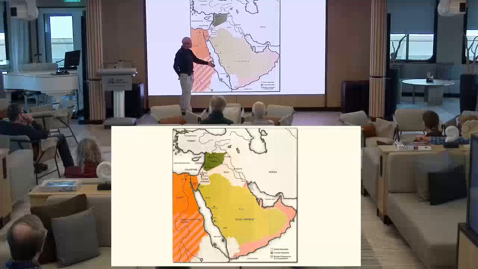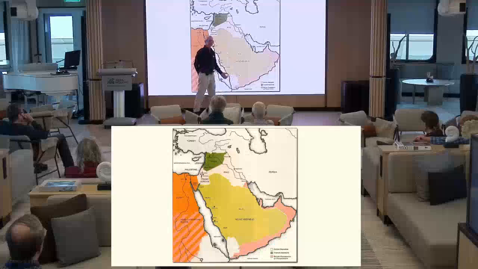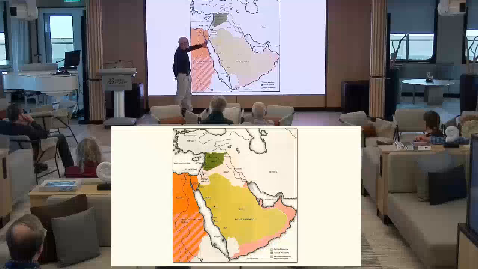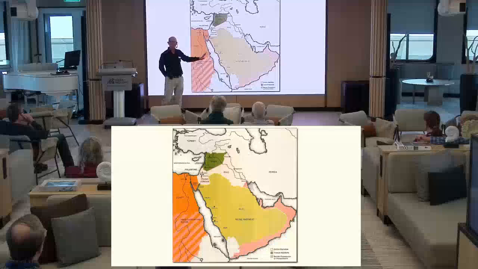This is essentially a control mechanism, especially for the British, but for the French too, to maintain their trade routes through Suez to the old colonies of India, East Africa, Australia.